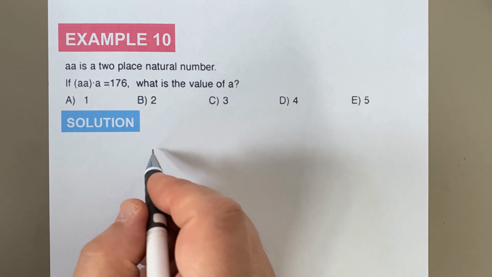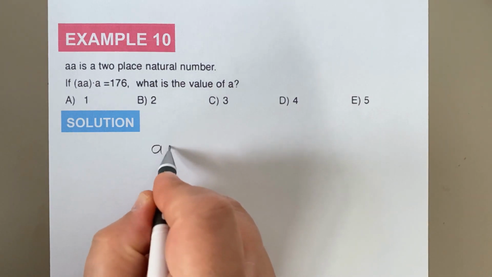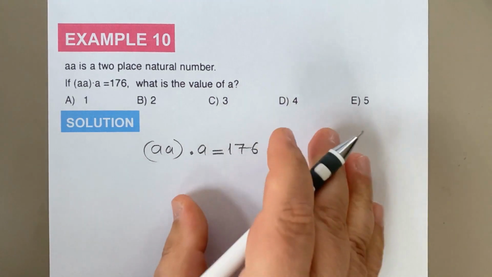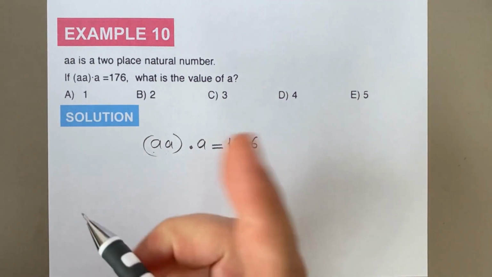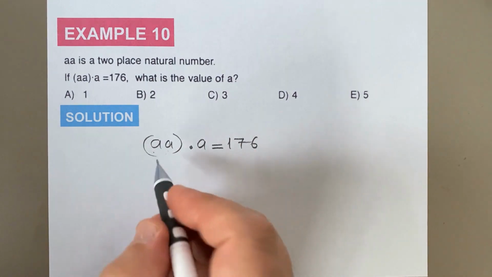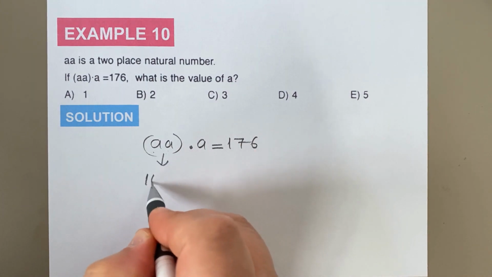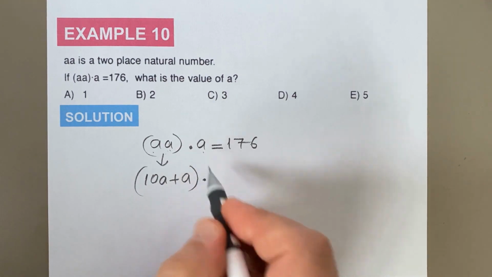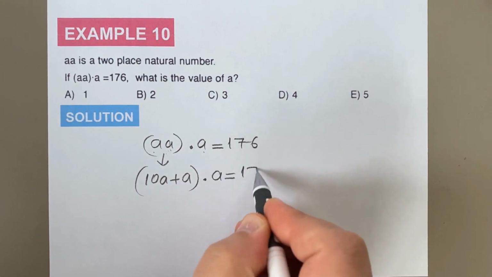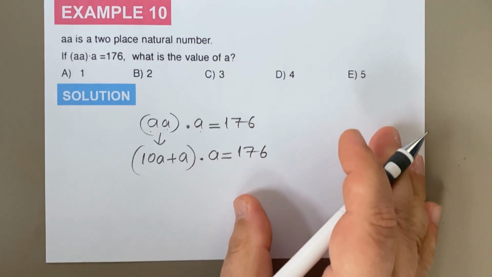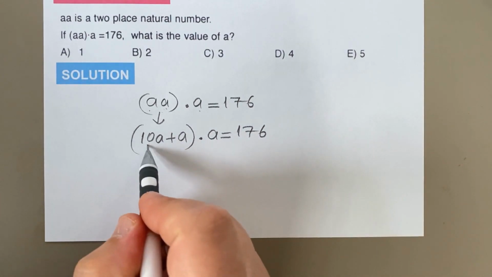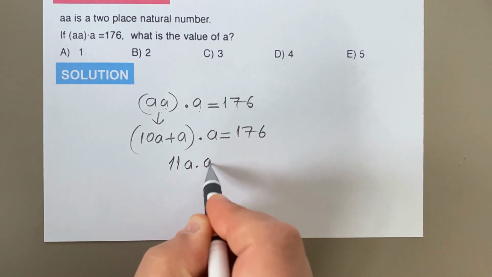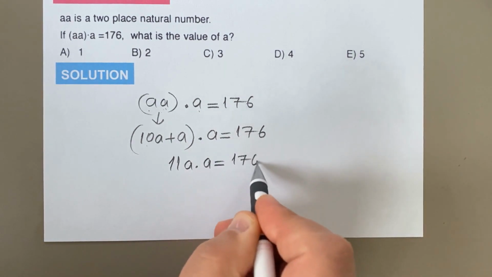Then I will first write down what has been given to me: AA times A equals 176. Since AA is a two-digit number, I'm doing an analysis. How? (10A plus 1A) times A equals, pay attention to the part, 10A plus 1 more A, 11A times A equals 176.